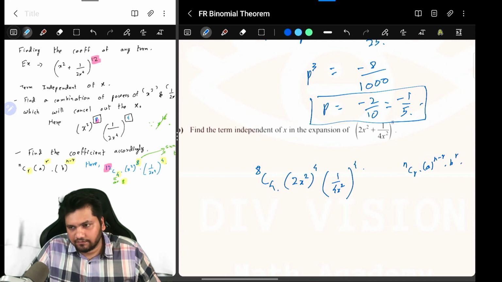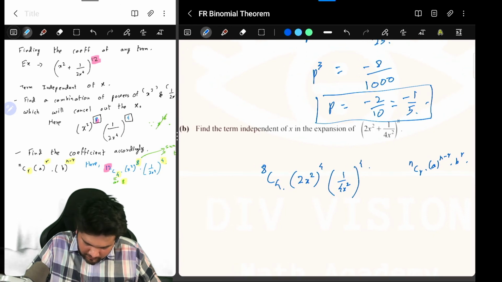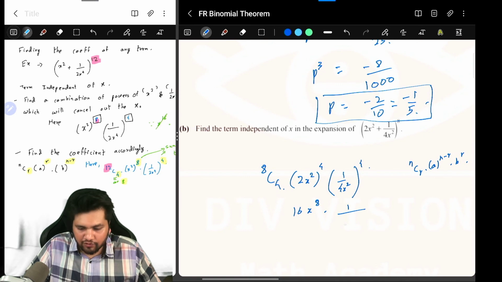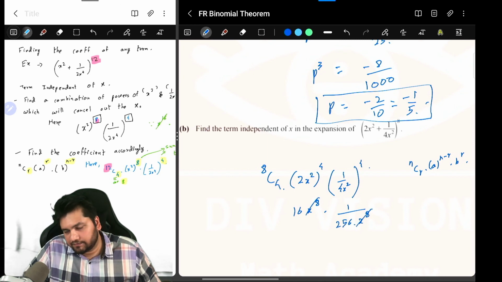When you multiply 2x square to the power of 4, you will get 16x to the power 8. And this is 1 upon 4 to the power of 4, 2 to the power of 8, 256. 256 into x to the power of 8. This x to the power 8 cancels, right? So it becomes a term independent of x.